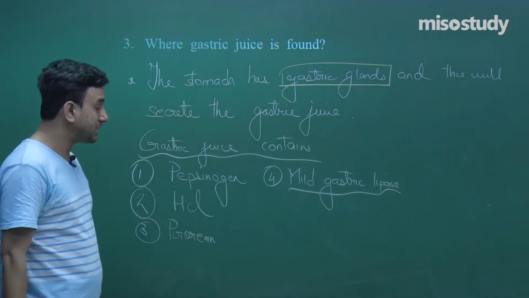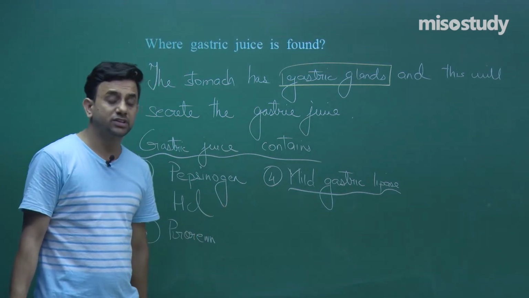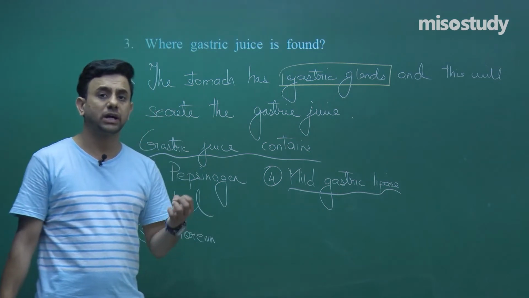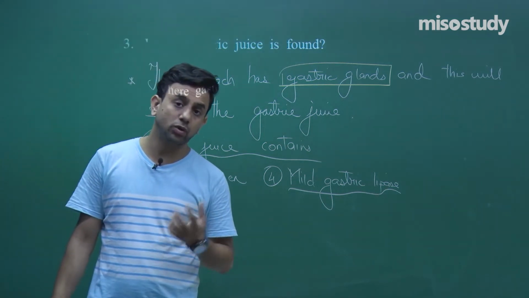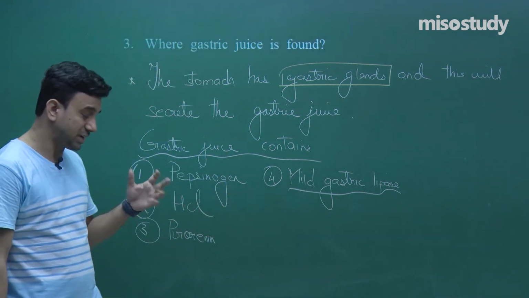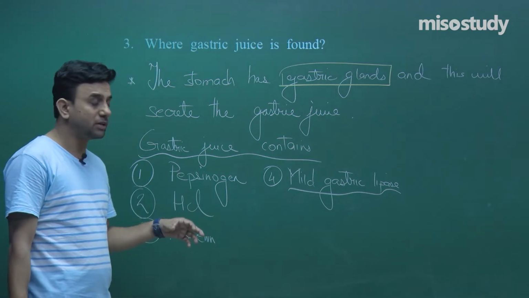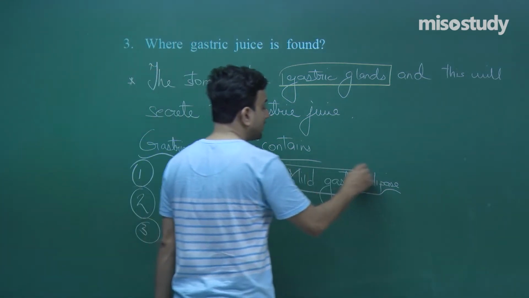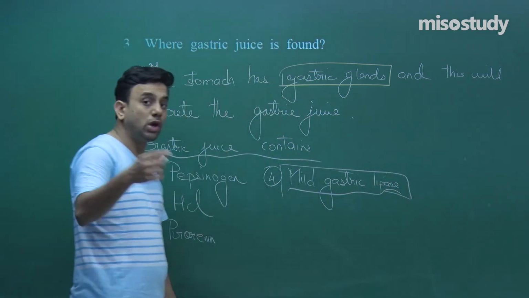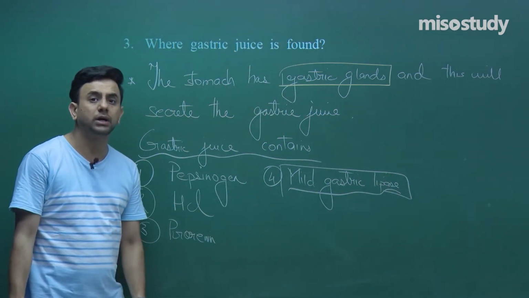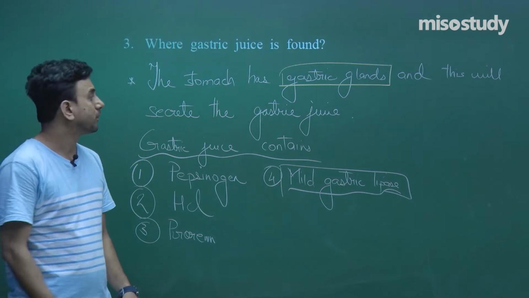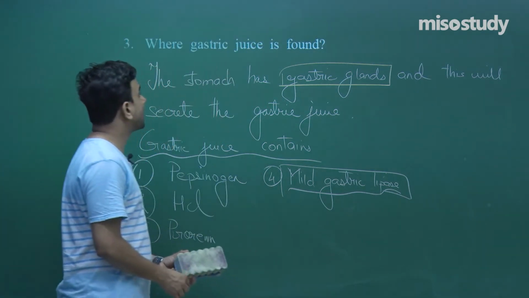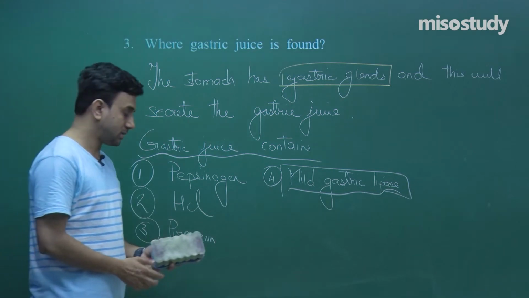We have already stated that this enzyme works at a pH of 4 to 4.5, but here in the stomach the condition is highly acidic, around 1.2 to 1.7, so the activity of the gastric lipase would not be to that extent. So, the gastric juice is found in the stomach.